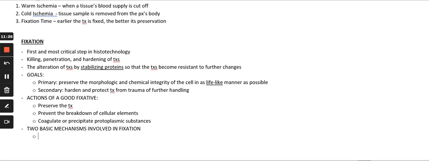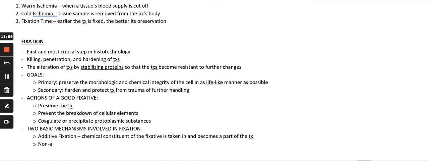Number one, we have additive fixation. From the word itself, add. In this one, the chemical constituent of the fixative is taken in and becomes, take note, a part of the tissue.